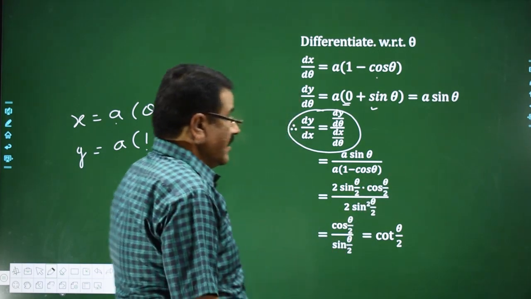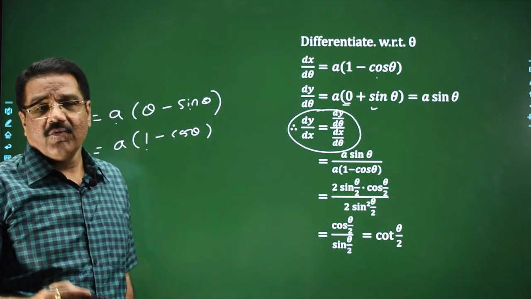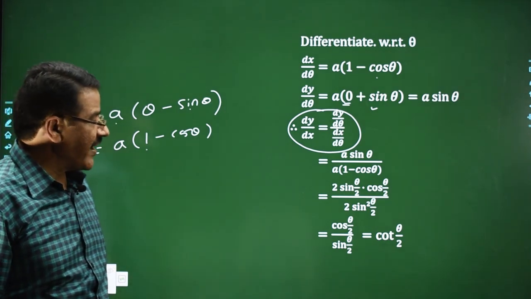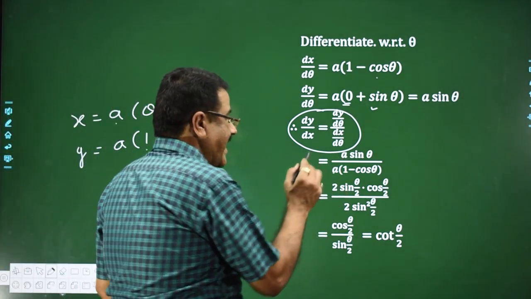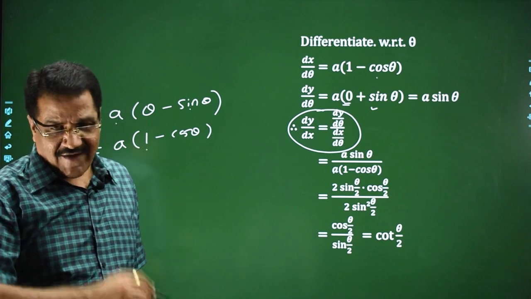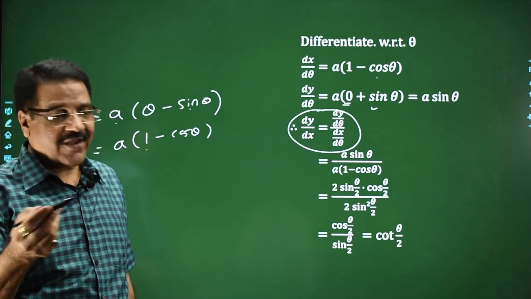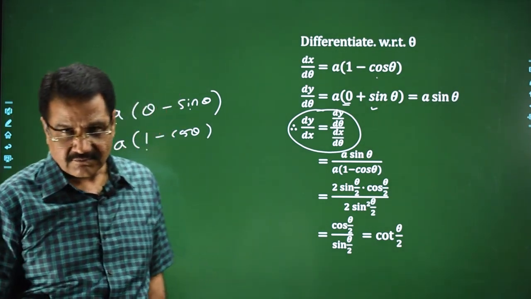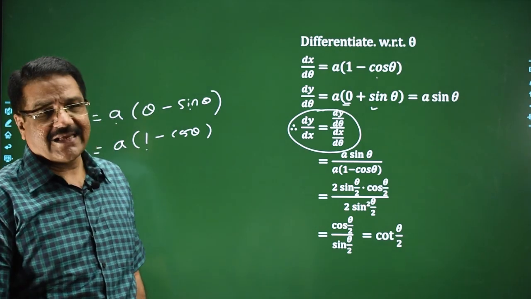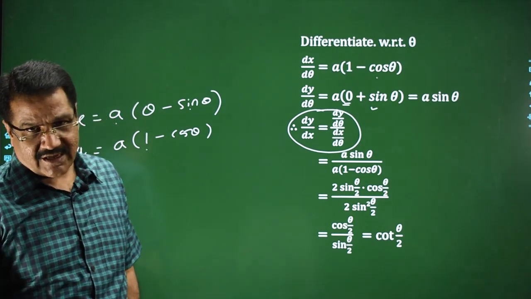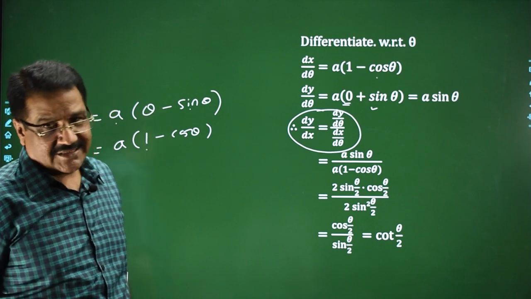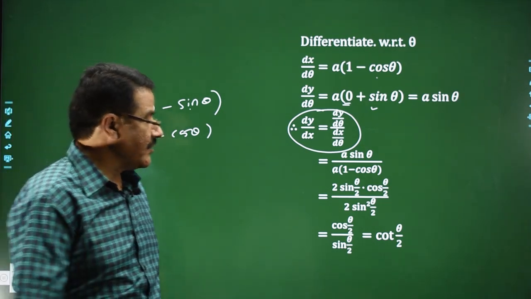As I told you earlier, we always have to give the answer in simplified form, and here observe that a gets cancelled. To simplify this we have to use the half angle formulas of trigonometry. The half angle formula for sin theta is 2 sin theta by 2 cos theta by 2, and 1 minus cos theta is 2 sin square theta by 2.